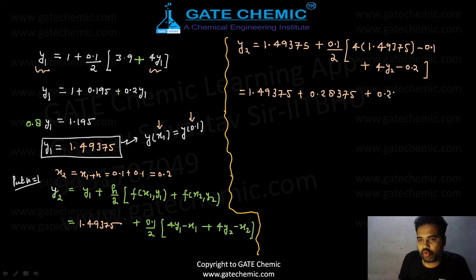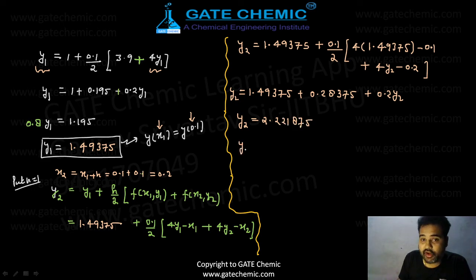So plus 0.2 y2, and after solving it up you will get y2 equals to this 0.28375 plus 1.49375. Okay, and 0.2 in LHS, so 1 minus 0.2, 0.8, so whole divided by 0.8, it will come 2.221875 beta.